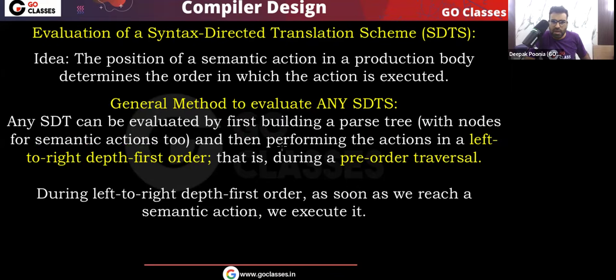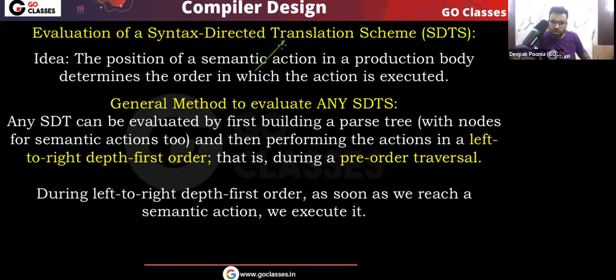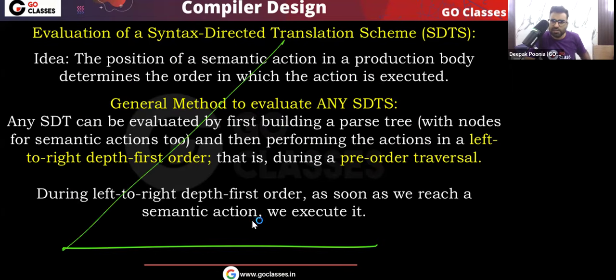So including the semantic actions, you make the parse tree. Once your parse tree has been built, then you execute the semantic actions in left to right depth first order, that is, pre-order traversal.